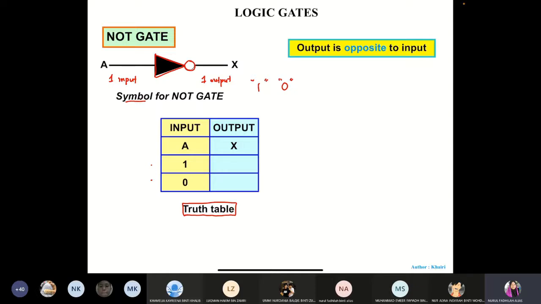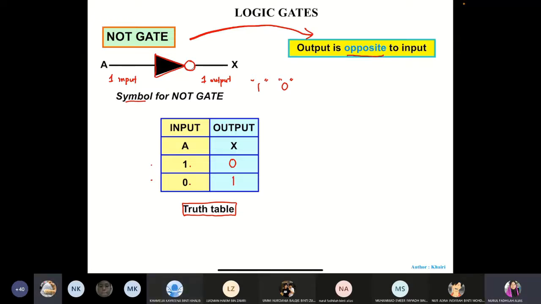It's either the input will be 1 or the input will be 0. So for NOT gate, output is opposite. So what is the opposite of 1, class? 0. What is the opposite of 1? 0. Right?